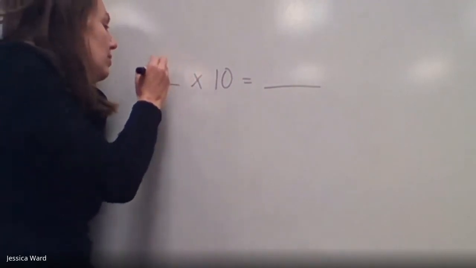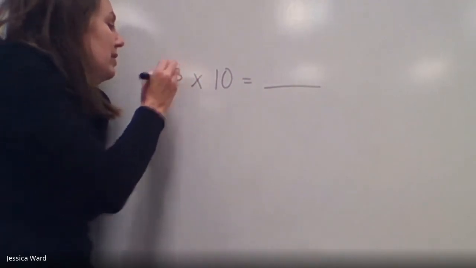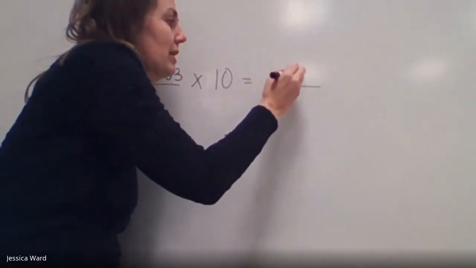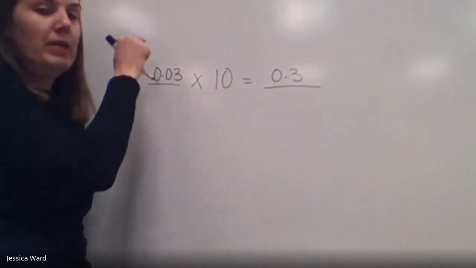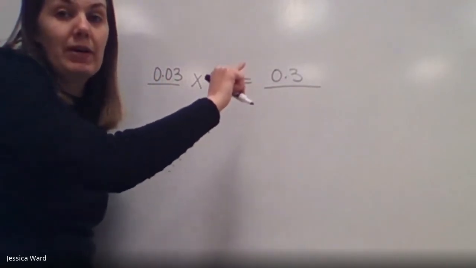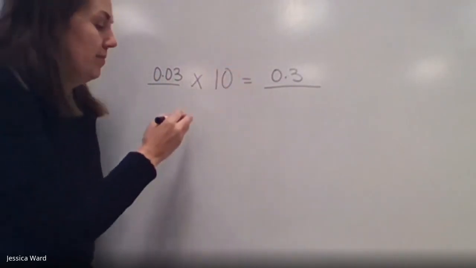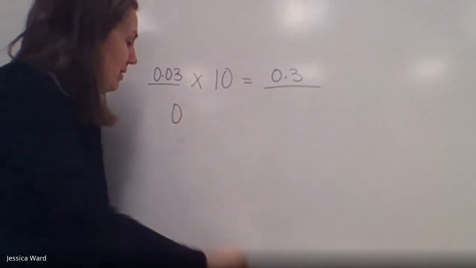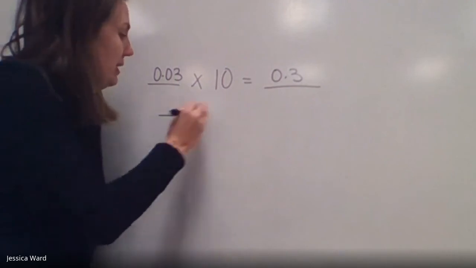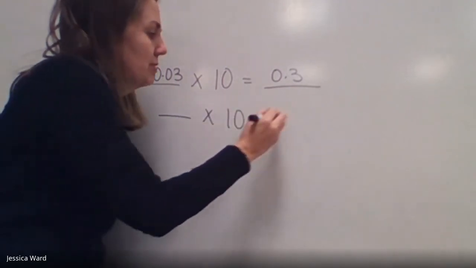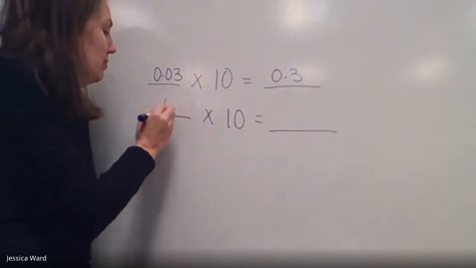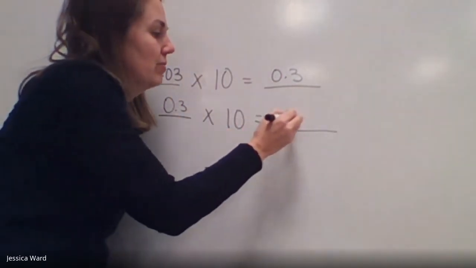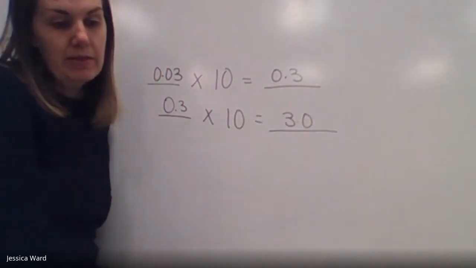We have 0.03. 0.03 times 10 would get us 0.3, or 3/10, because our decimal place has moved 1 place value over. All right, now I'm going to say the same thing. Blank times 10 equals blank. I'm going to use my 3/10. 3/10 times 10 is 3, or 1.